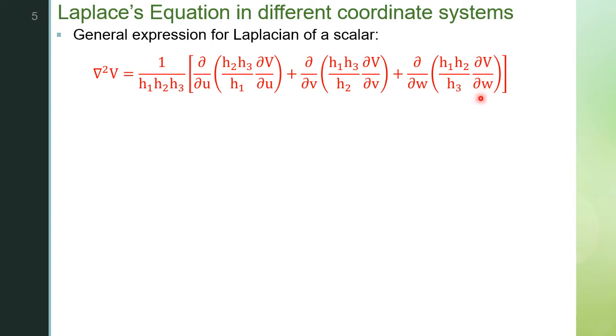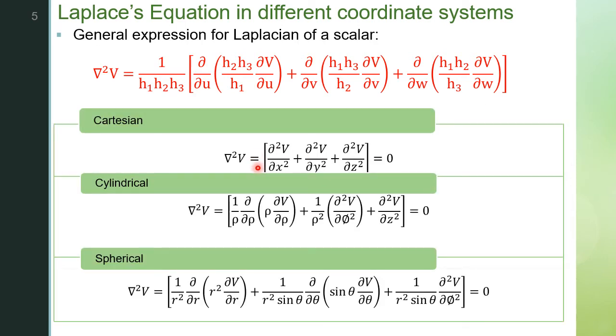If you substitute the corresponding values of u, v, w for the different coordinate systems, we will get the expressions as dou square V by dou x square plus dou square V by dou y square plus dou square V by dou z square equal to 0 for the Cartesian coordinate system. For cylindrical, h1, h2, h3 is 1, rho, 1.